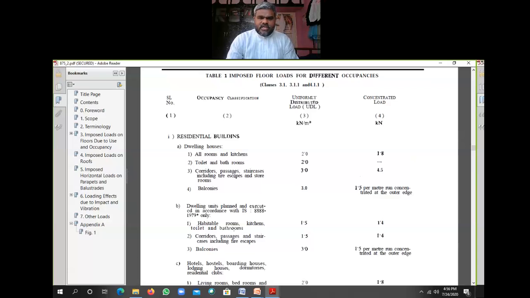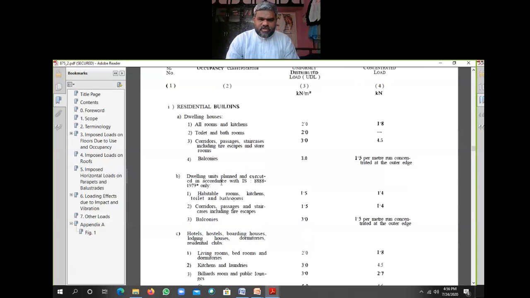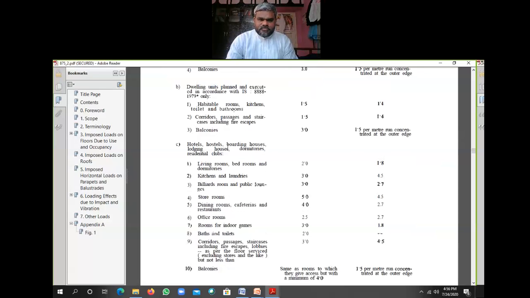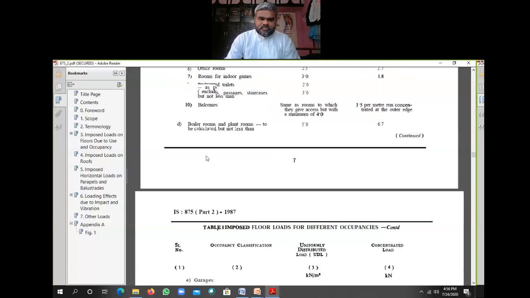You can take toilets, corridors, balcony, right? Like this. Hostel buildings, living rooms, kitchens, billiards, storerooms, dining, these are all included in the total live load of the hostel building, right?